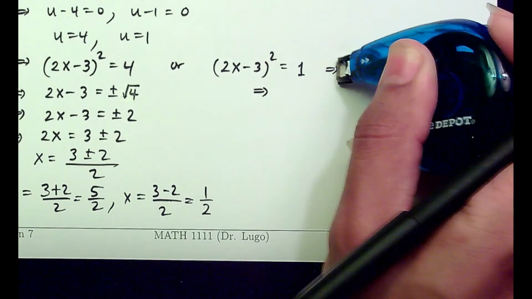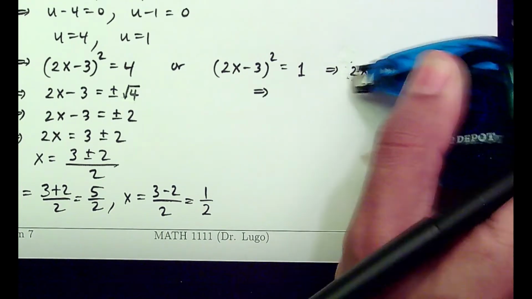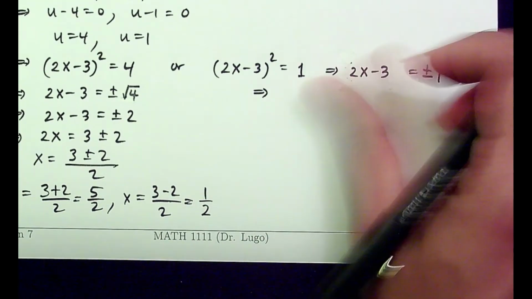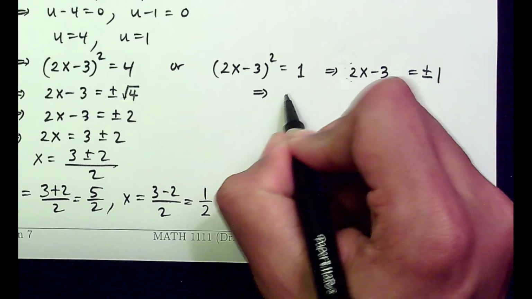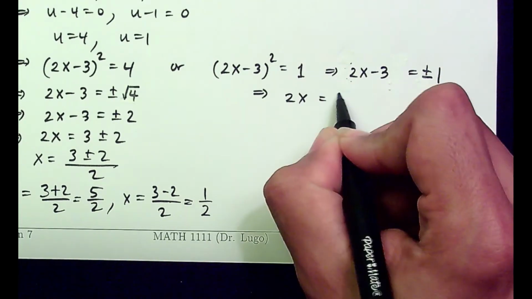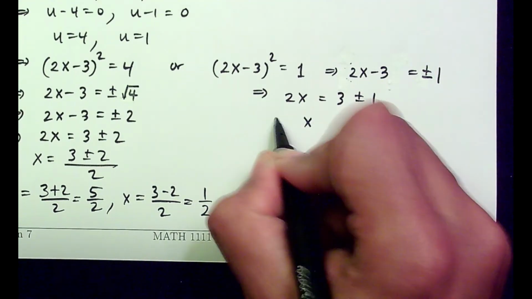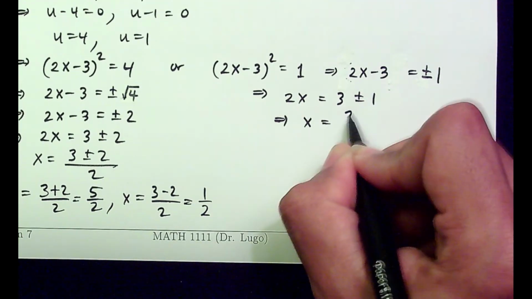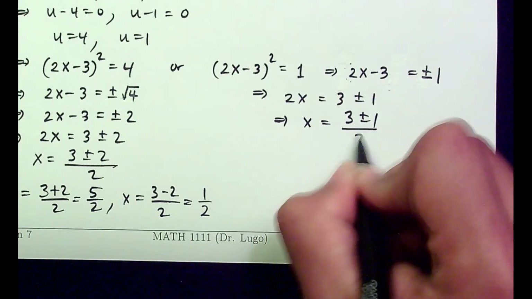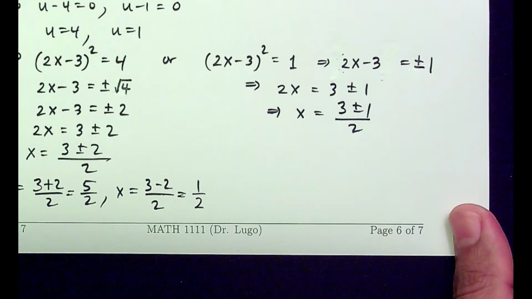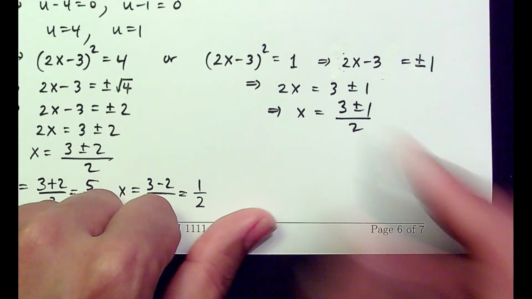Okay, now we're going to solve for x. We're going to move the 3 to the other side. So we're going to get 2x equals 3 plus or minus 1. And divide by 2, you're going to get x equals 3 plus or minus 1 over 2. And now we're going to work out each of the possibilities.